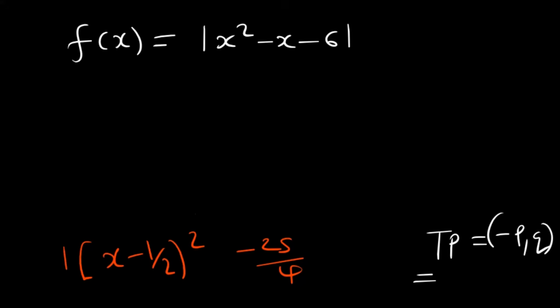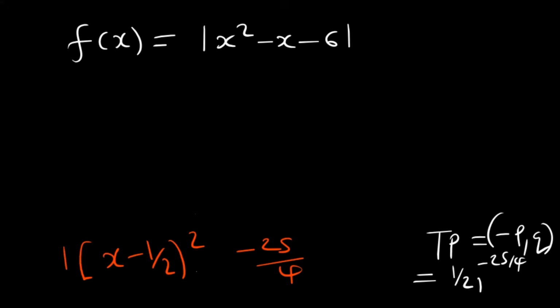So in this case, what is our negative p? It is negative half there. Because it's negative, it's going to be positive half. Comma. What is our q? Our q is negative 25 over 4. Okay, that is what we have for now.